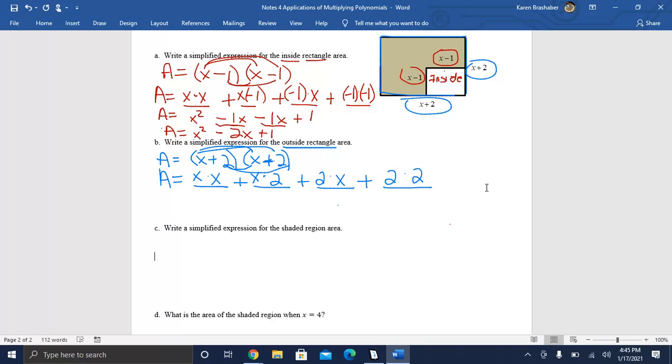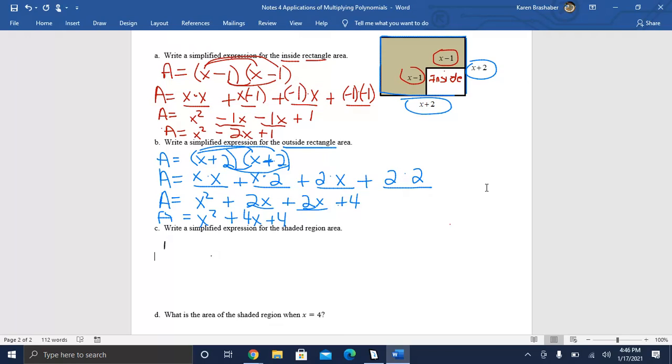So our area will have x to the second plus 2x plus 2x plus 4. We have our like terms in the middle. Area is going to equal x to the second plus 4x plus 4. All right, now it says to write a simplified expression for the shaded region.